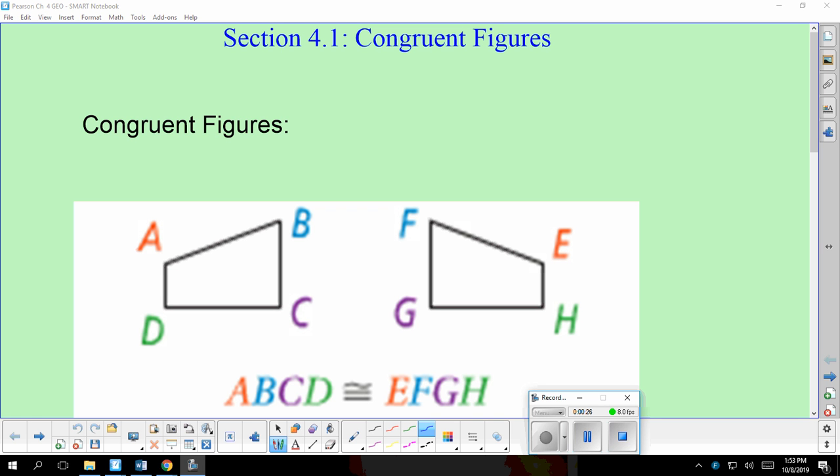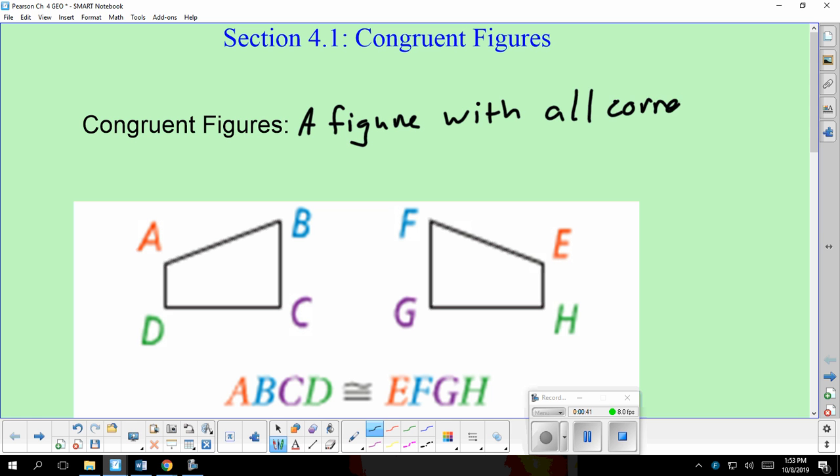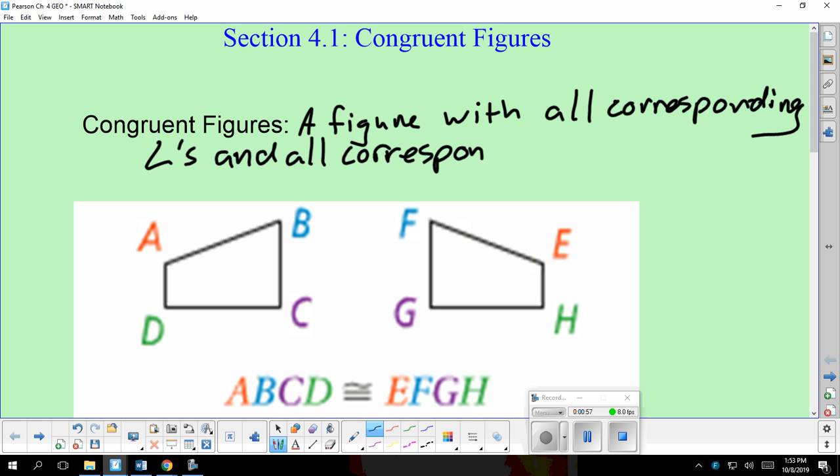So our definition of a congruent figure is a figure with all corresponding angles and all corresponding sides congruent.